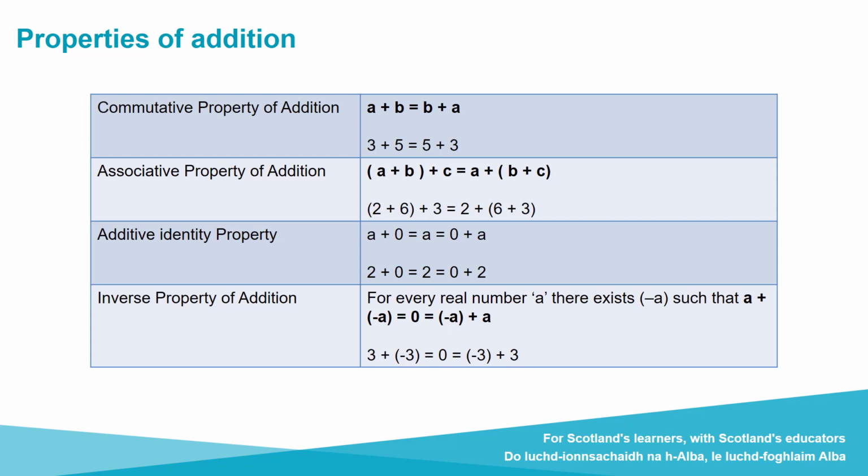And one that's very directly relevant for integers is the inverse property of addition. For every real number a, there exists an additive inverse, negative a. And when you add a number and its additive inverse together, you get 0. This is a 0 pair, and it's an important concept for learners as they move forward with negative numbers, and it's one that we'll talk about quite a bit.